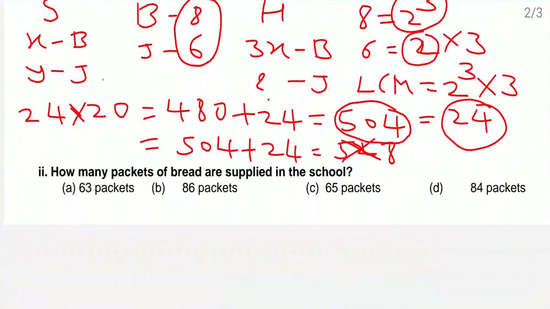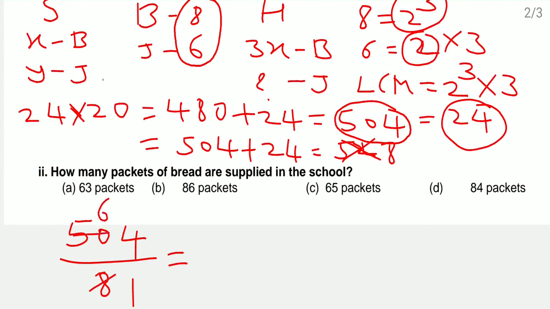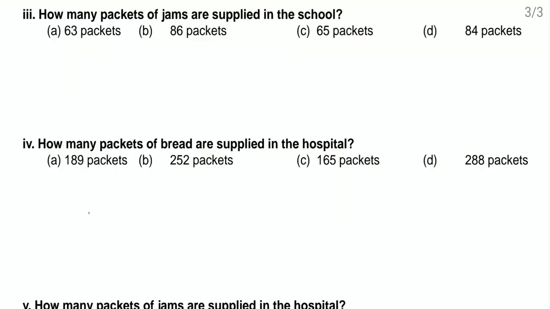Come to the second question. How many packets of bread are supplied in the school? It is confirmed that 504 students are there and in one packet of bread 8 pieces are there. So how many packets are we supplying to the school? 8 sixes are 48, 2 is the remainder, 8 threes are 24, so we are supplying 63 packets of bread. Next one.